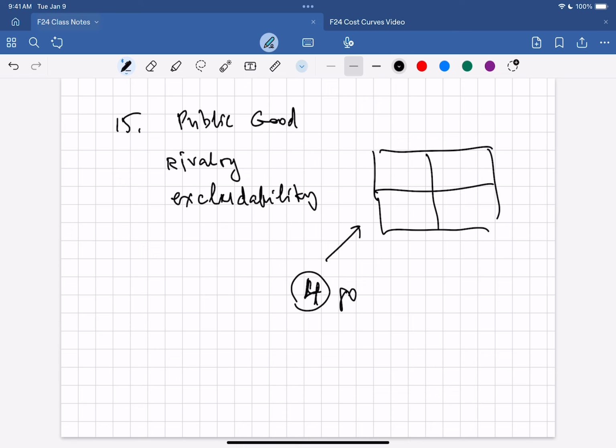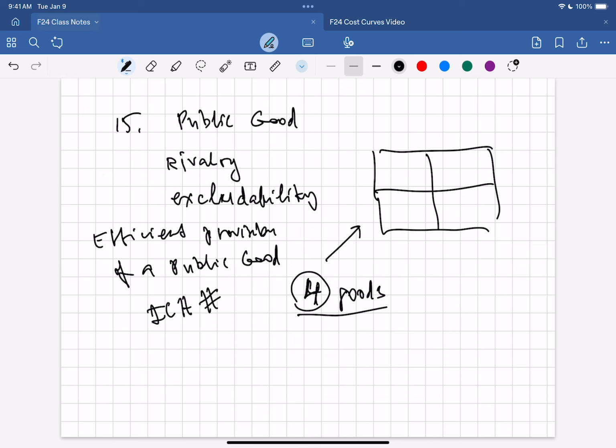And then make sure you know how to figure out the efficient provision of a public good. Again, we did it in our in-class assignment number 15.